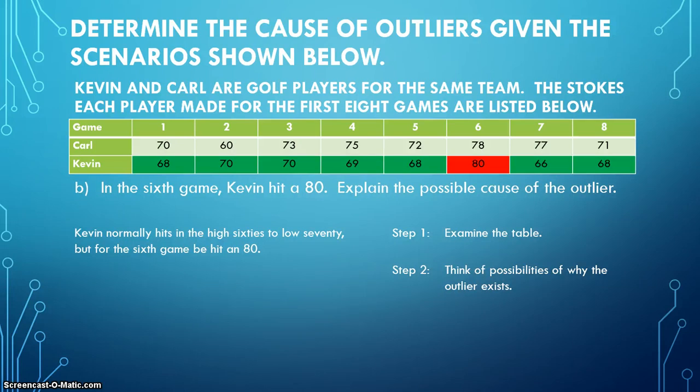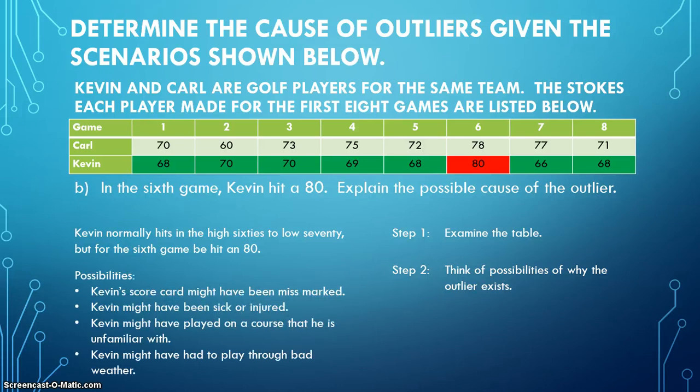Because remember, we've got to think of error. But other than that, we have to think of reasons why he would do bad. Maybe he was sick, maybe he was injured, or maybe there was really bad weather, or maybe he was playing on a course that he has never played on before and it was challenging for him because he never played on it before. Those are all possibilities that could cause him to score higher than he should have.